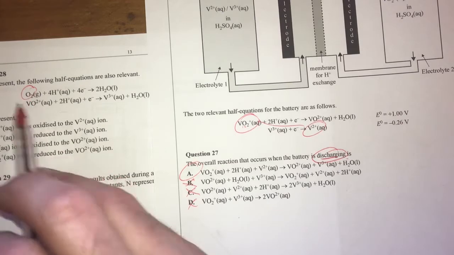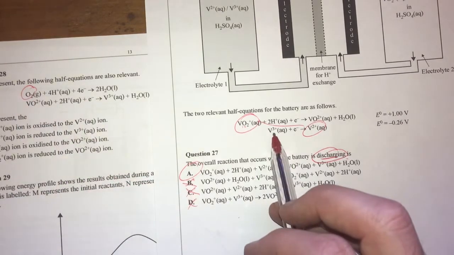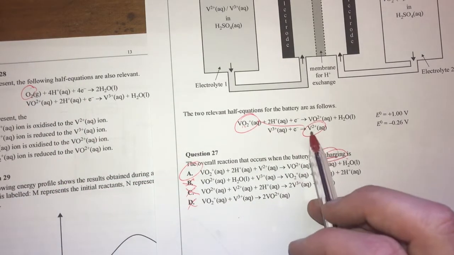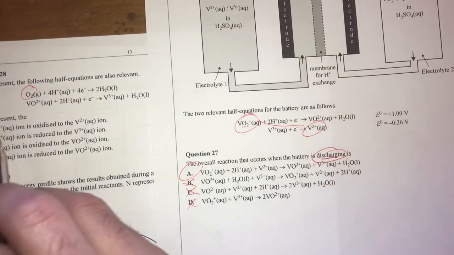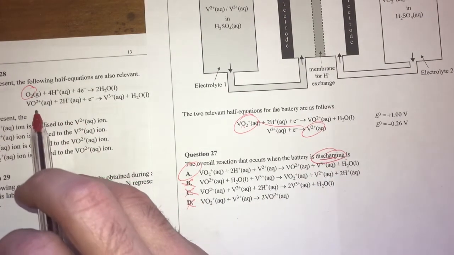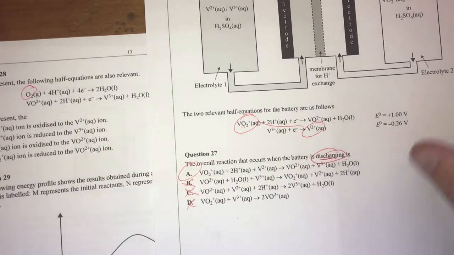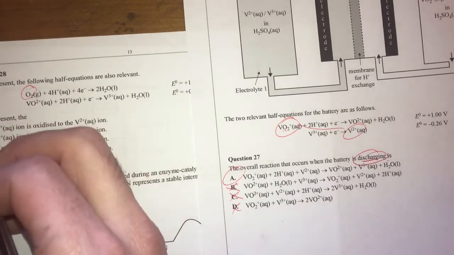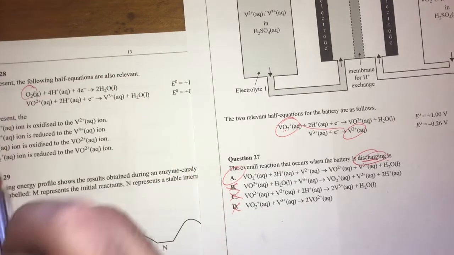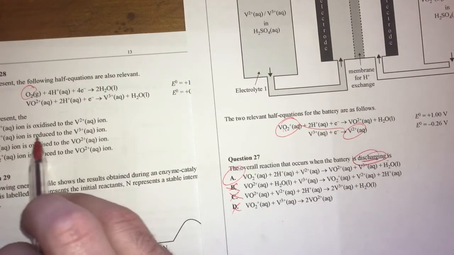The oxygen is going to be reduced. But the V3 positive, so the V2 positive is still the strongest reductant. So that's not going to happen. So let's see, the strongest. This is oxidized to that. That's not going to happen. Alrighty. VO2 positive is reduced.